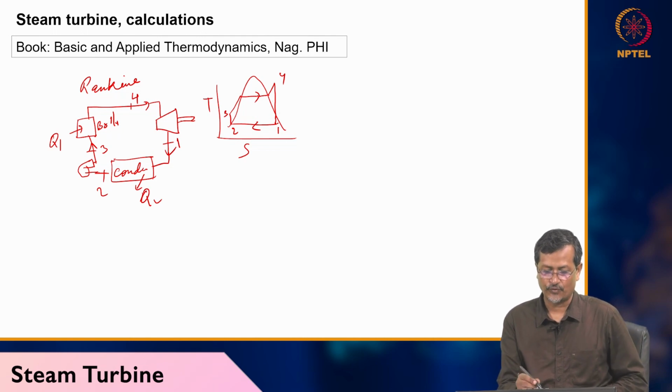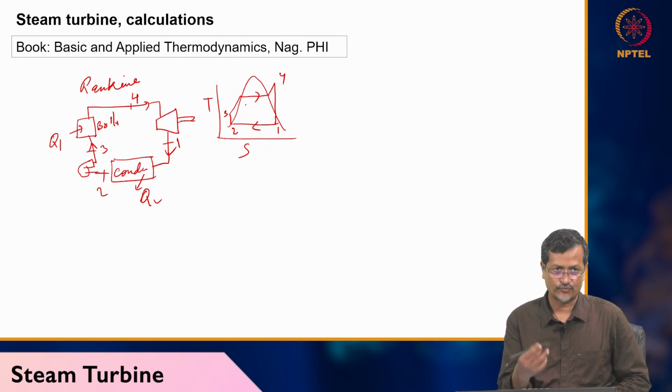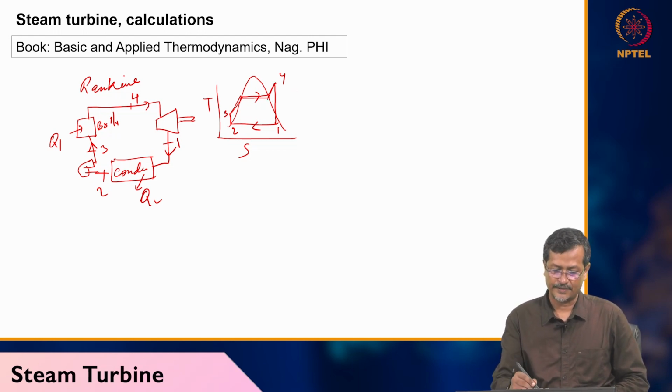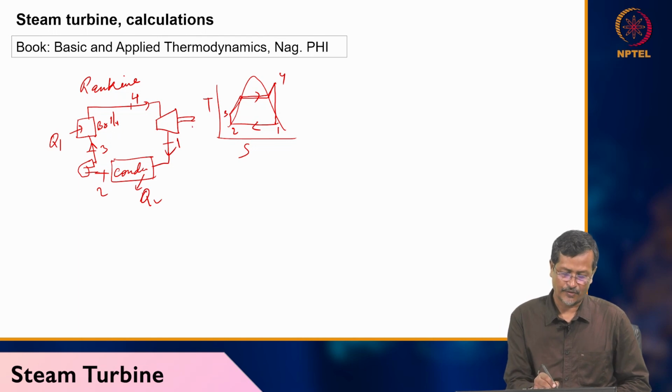So 3 to 4, the boiler is adding heat to the fluid. First your sensible heating, then phase change will be occurring, then the last part will be your superheating. After superheating, your turbine will be working. So the turbine will be extracting energy, power extraction.